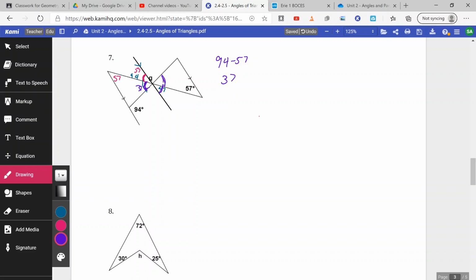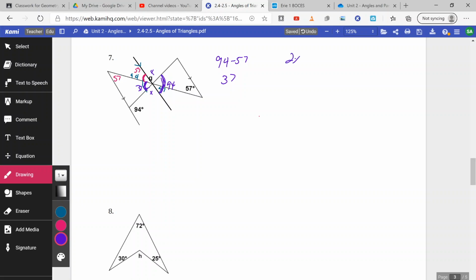So now that we know that this is 37 and that's 57, we know we have a 94-degree angle. So parallel lines cut by a transversal. So here 94, 94. This is also 94 degrees. And fortunately for us, we can now split this up as x and x. If I go the full way around, I'm going to get 360.